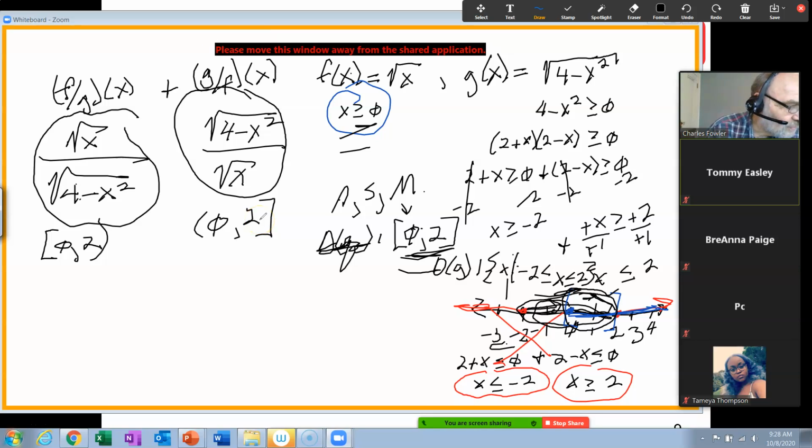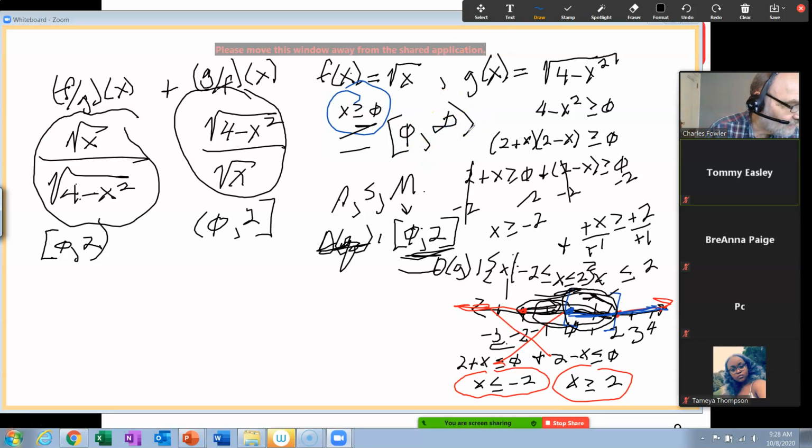So they did the quotient functions, the easy part, and then they said the domain of f is just what we said here. They wrote it in interval notation, 0 with a bracket all the way to positive infinity.